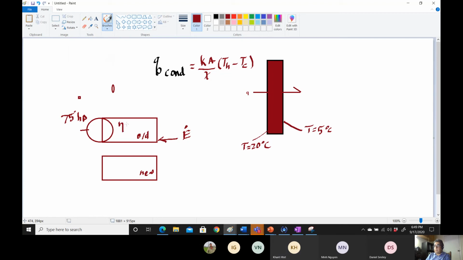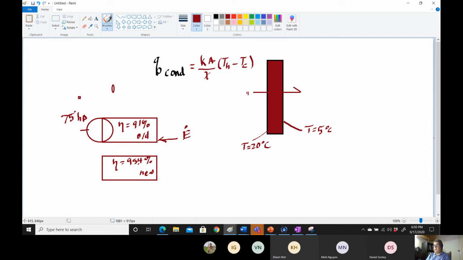The efficiency of the old motor was 91%, and the efficiency of the new motor is 95.4%.